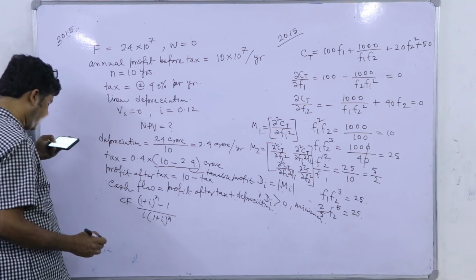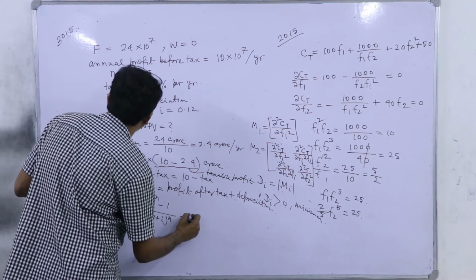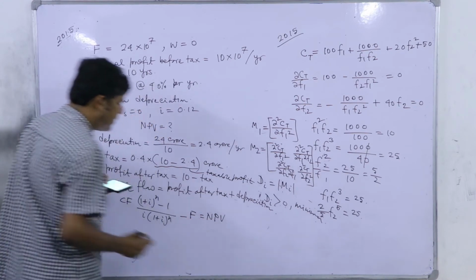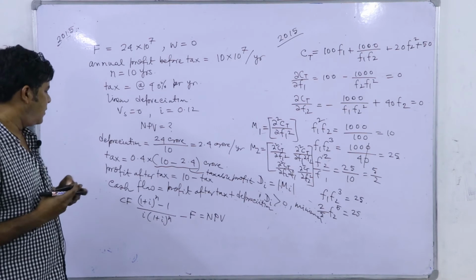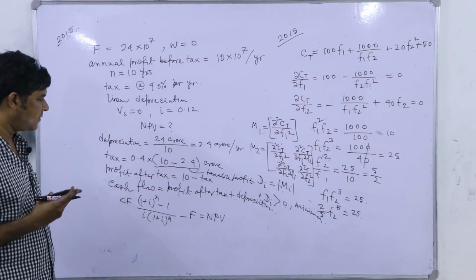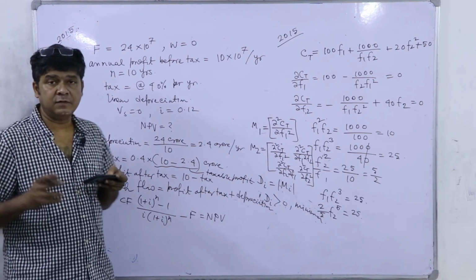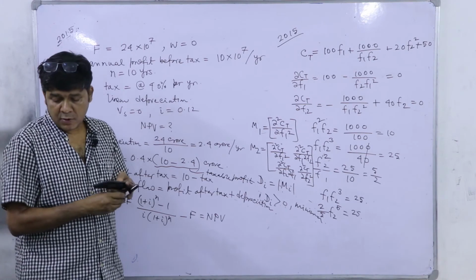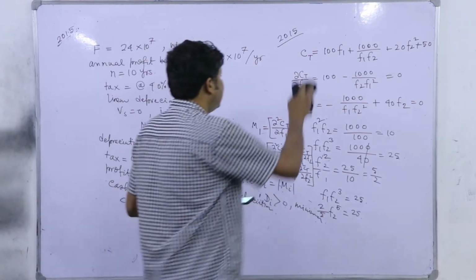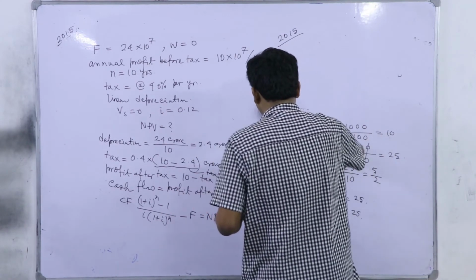This is the net present worth. That minus 24 crore will be equal to your net present value. So, cash flow is to be calculated, profit after tax plus depreciation, and from there we should calculate the net present value. So, you see the net present value, we have to consider this depreciation and rather the cash flow, not the net profit. Right.